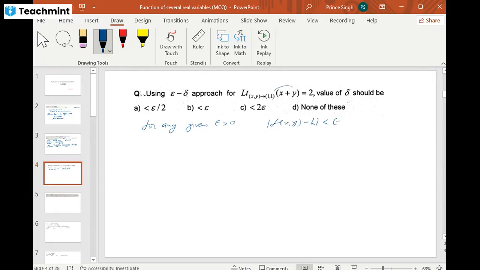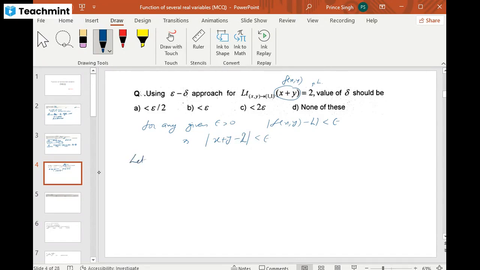So what is f of xy? This is our function f of xy, and this is our L, which is 2. So we need to find out the value of delta. That is, what kind of delta we need to choose such that this difference is less than epsilon.